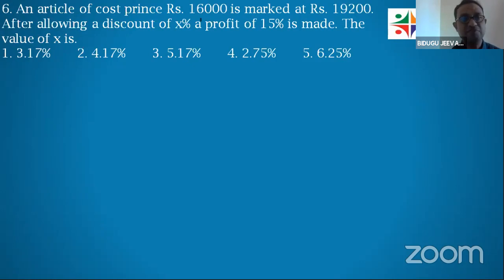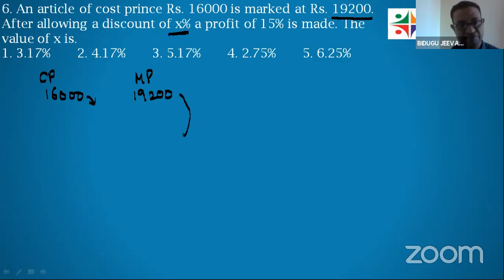Now, an article of cost price 16,000 is marked as 19,200. Cost price is given 16,000. Now it is marked as 19200. After allowing a discount of X%, generally discount cannot be given from cost price.